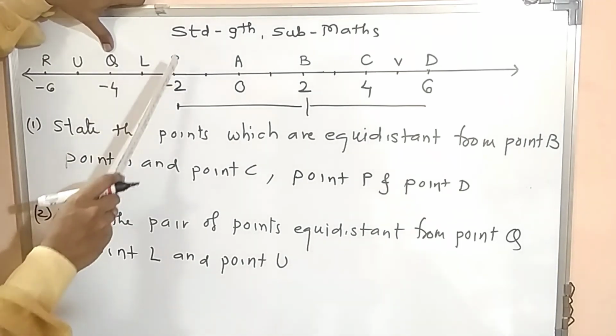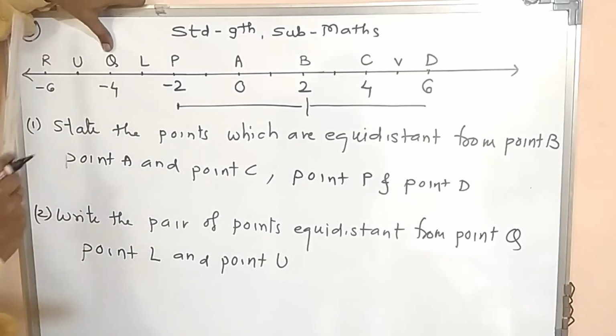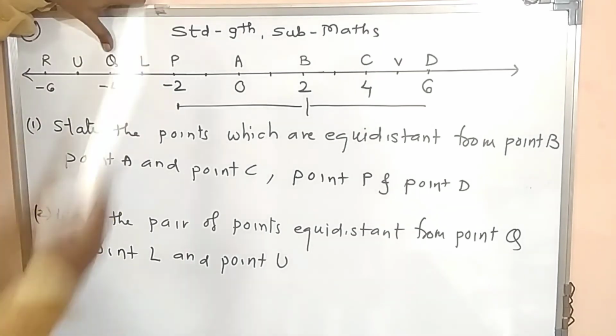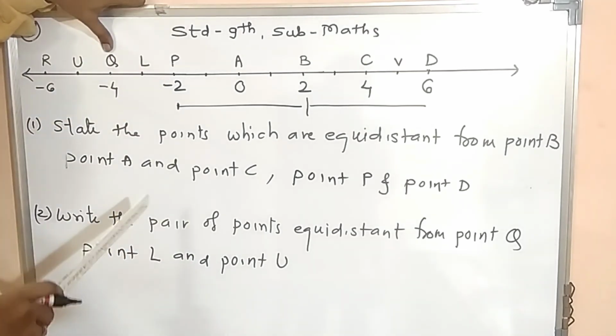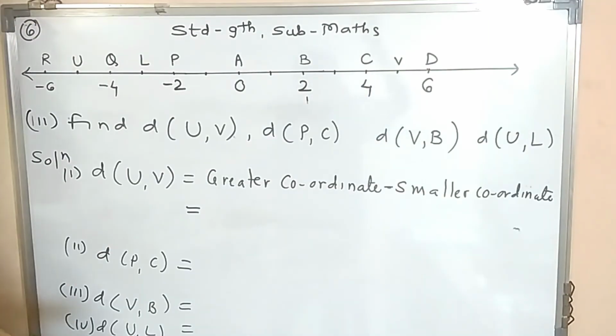How many units? 2 units. And here point R, again 1 and 2. So point P and point R is another pair of points which are equidistant from point Q, but you are asked to write only one. Write a pair. Okay. Next.